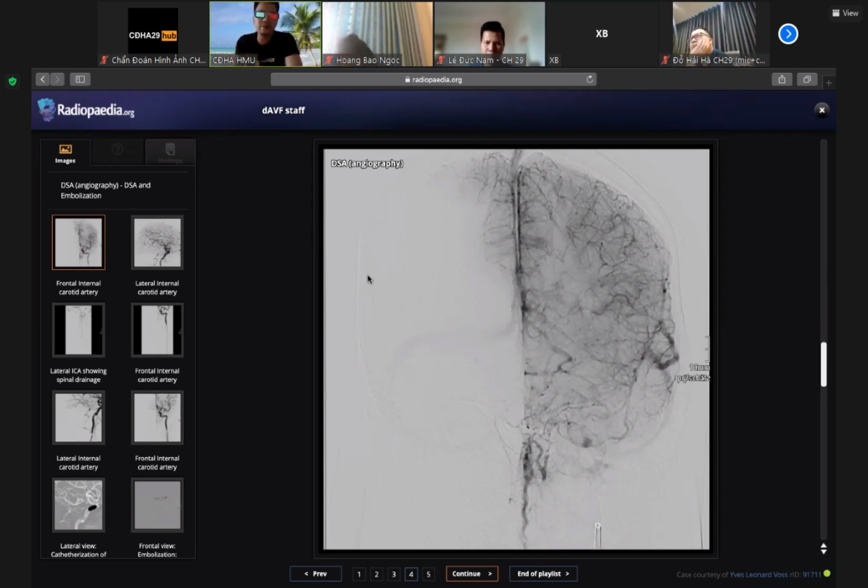If we think of dAVF, we find the imaging characteristics of the dAVF, and I think we're going to have the right answer if we think of the dAVF on the MRI or the CT scan. Do you have any comment, Duy, Ngọc or Hải Anh?